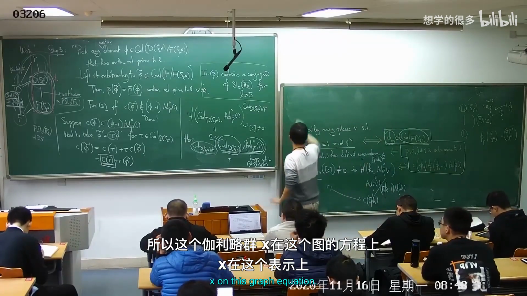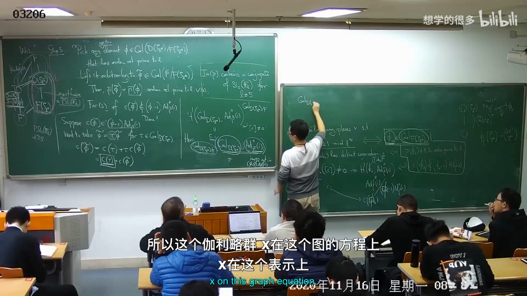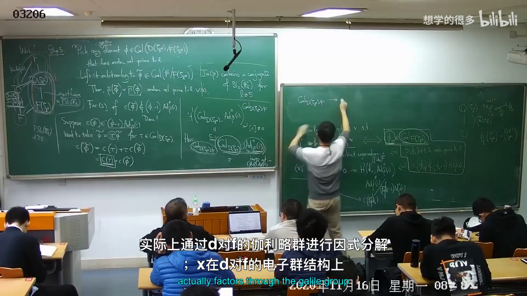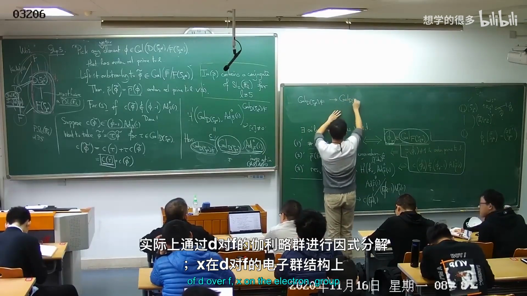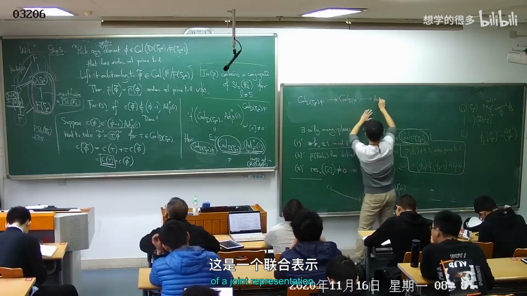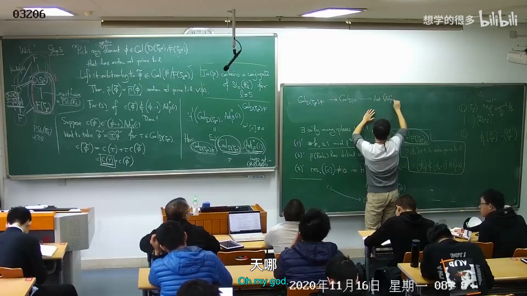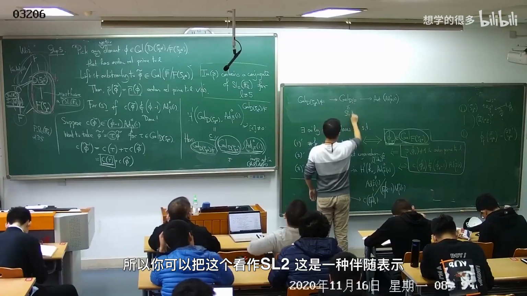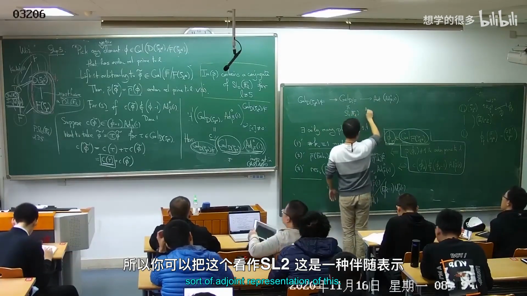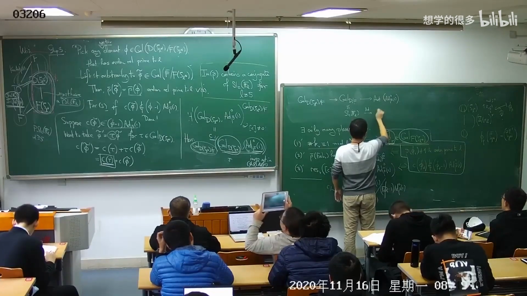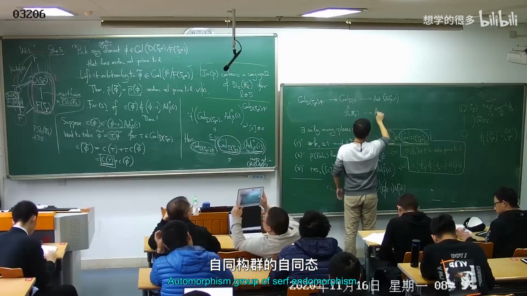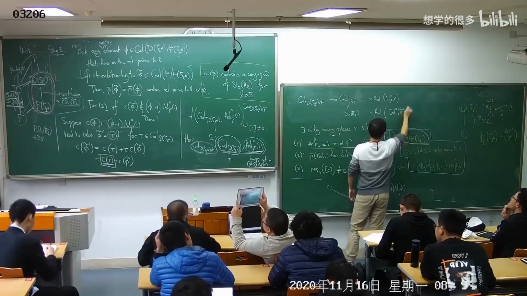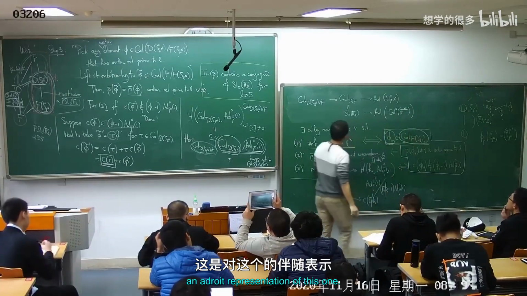So this Galois group acts on this representation, basically factors through the Galois group of D over F, acts on the automorphism group of the adjoint representation. So you can think of this as SL2F, roughly speaking. And this is sort of the adjoint representation, the endomorphism of this one.